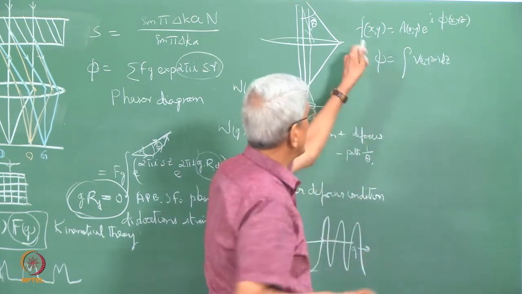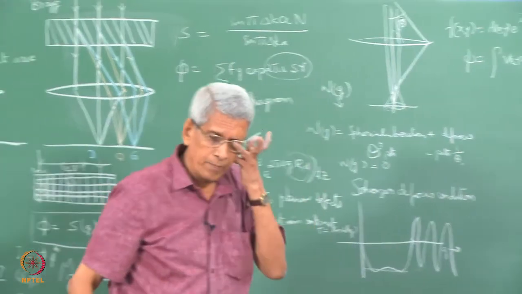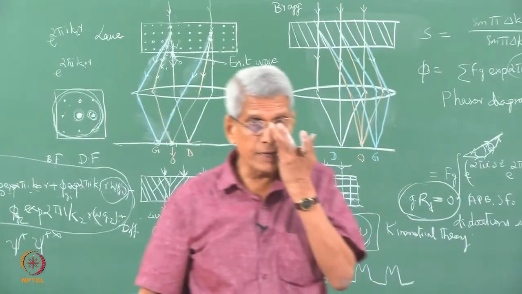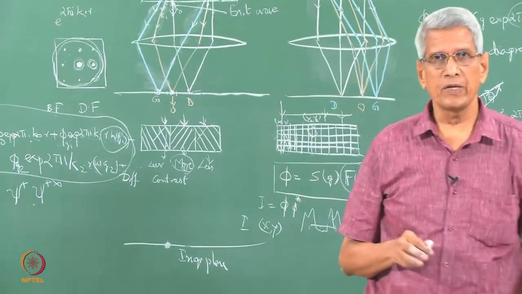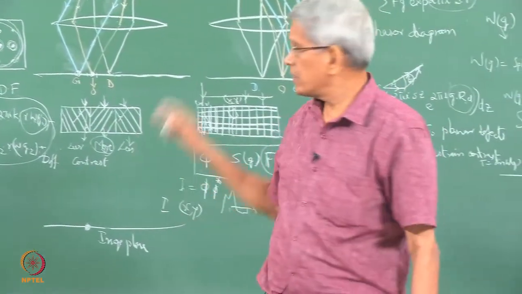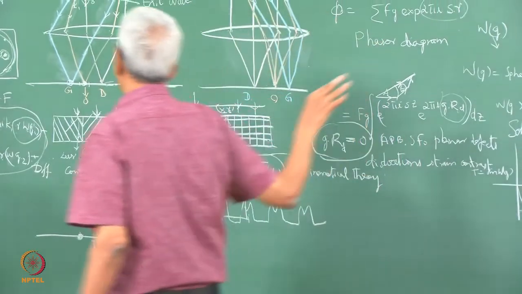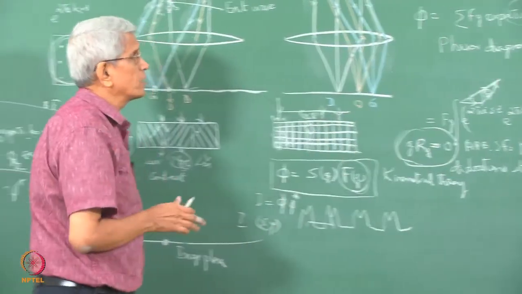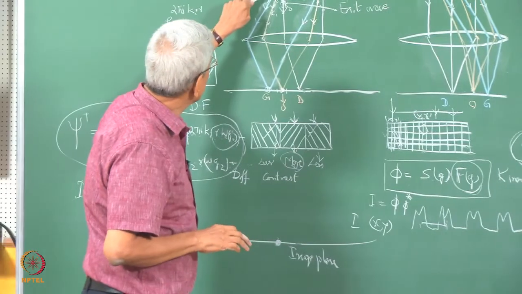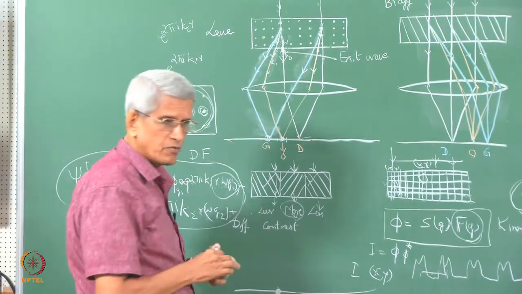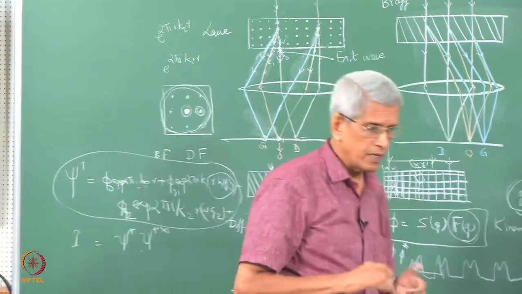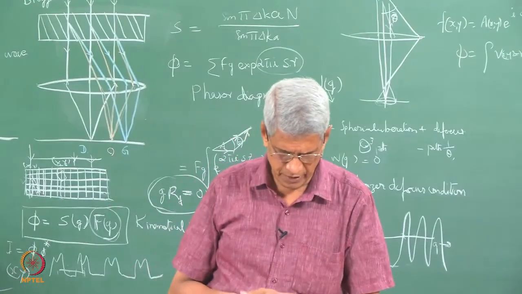This is the sort of assumption which is being made. This is called a phase object. The sample is now called a phase object. This is the way the sample has been assumed, and this is how theoretically we try to interpret the image contrast which we observe in the high resolution images.